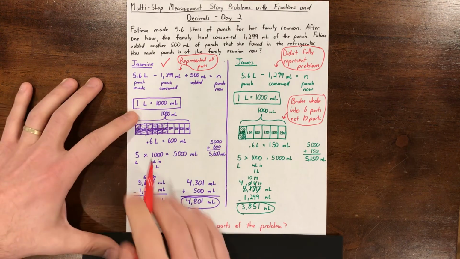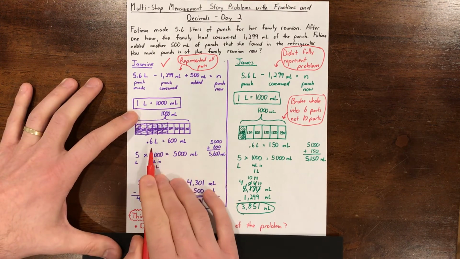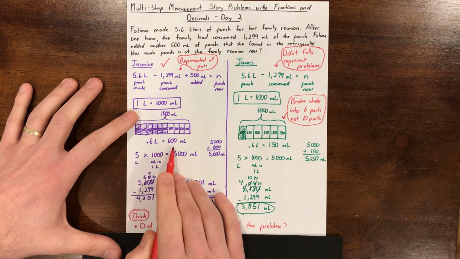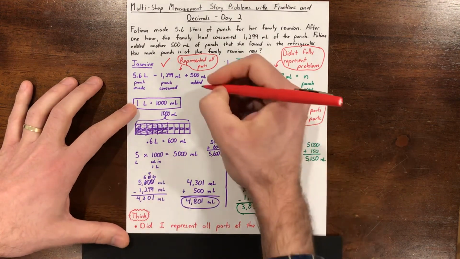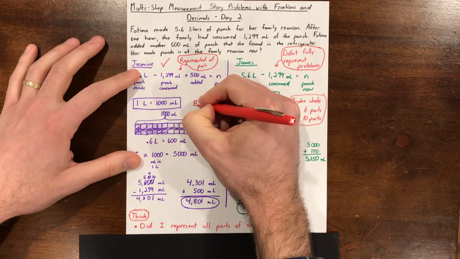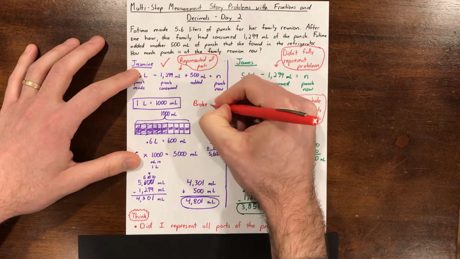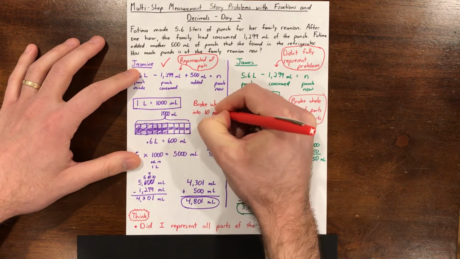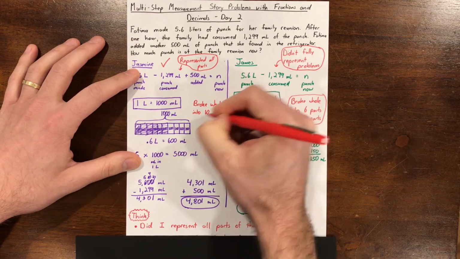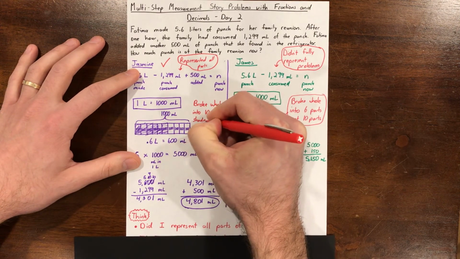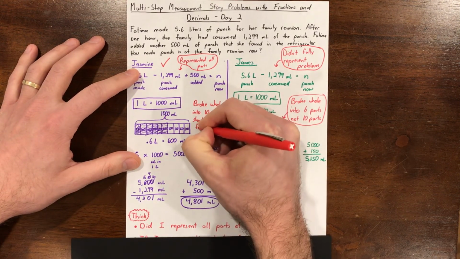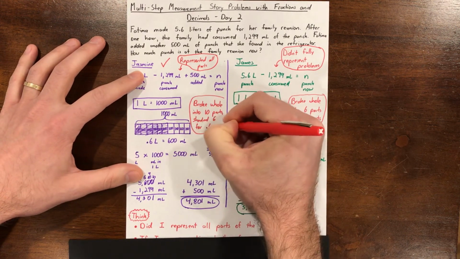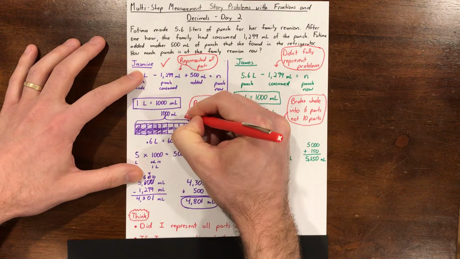And then she shaded 6 of them, right, because she had 6/10 of a liter. So she was able to find that 6/10 of a liter equals 600 milliliters. So let's add that. So she broke the whole into 10 parts and shaded 6 because she had 6/10. That makes sense. Great.